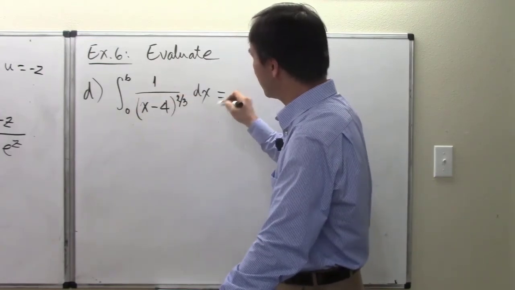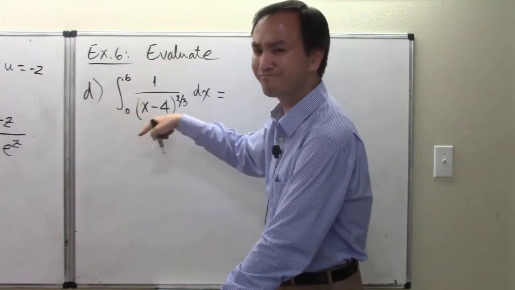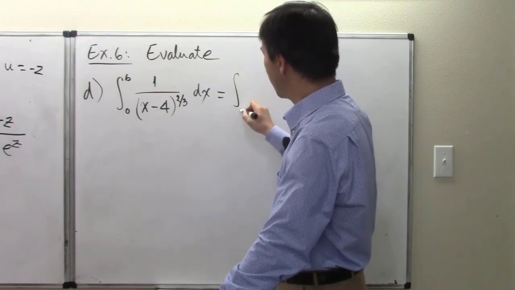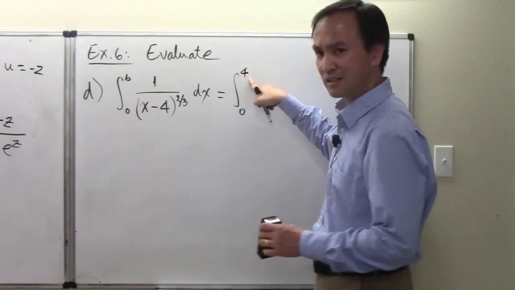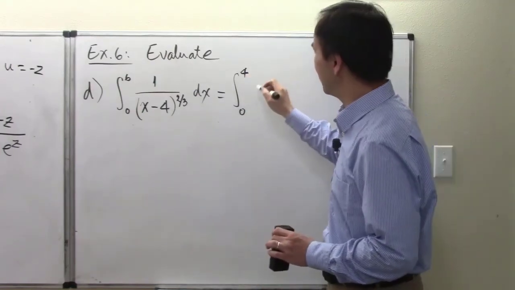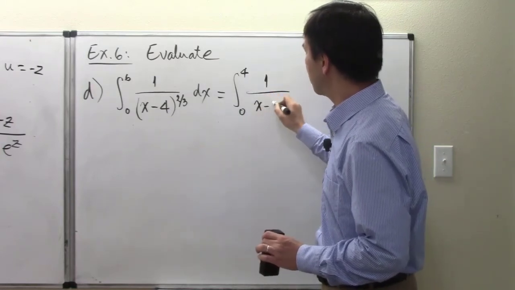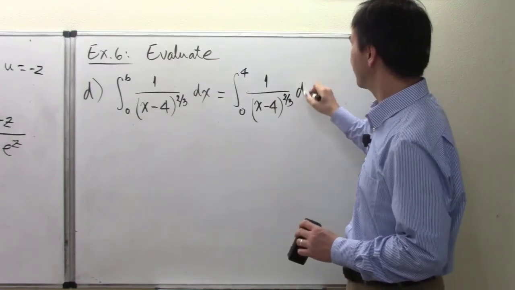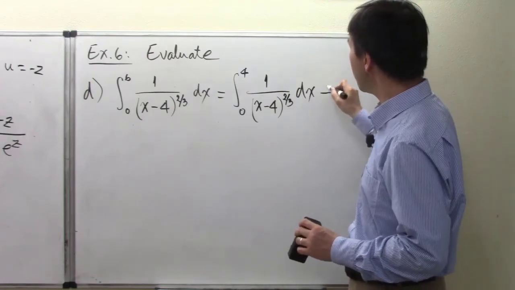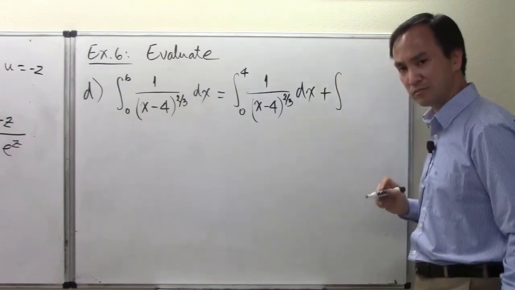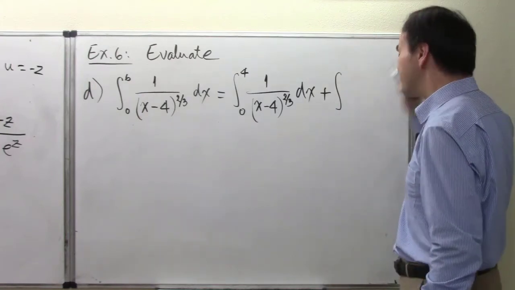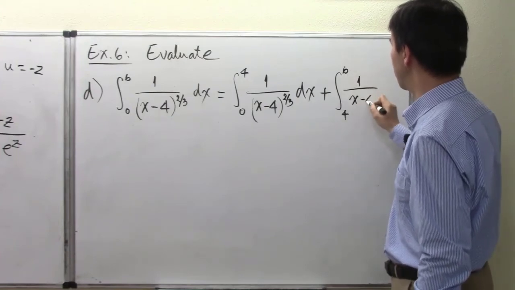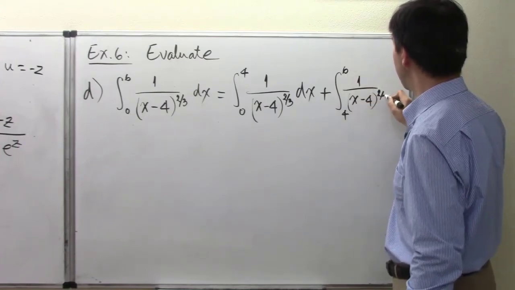I'm going to proceed with this known convergent integral as an integral from 0 to 4, so this is the discontinuity point right there, of the function 1 over (x minus 4) to the 2/3 power. Okay, and then I'm going to add that with another separate improper integral from 4 to 6 right here. Same function, 1 over (x minus 4) to the 2/3 power.